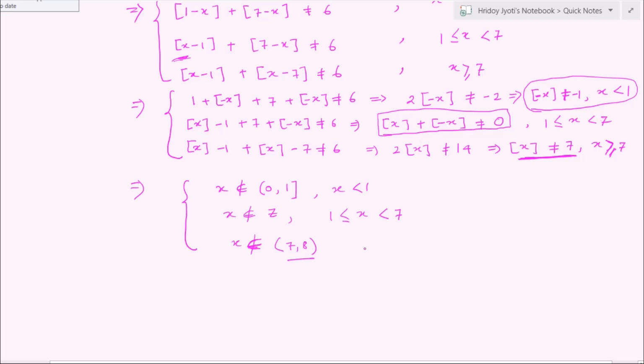So ultimately the domain of this function will be the intersection of all these three. So the domain of this function will be all real numbers except these intervals.